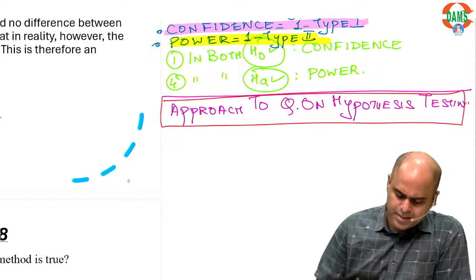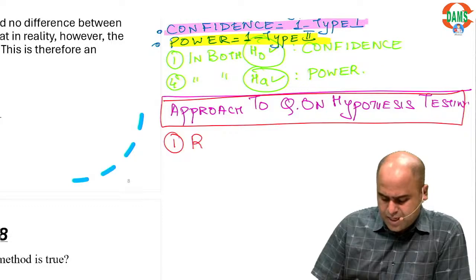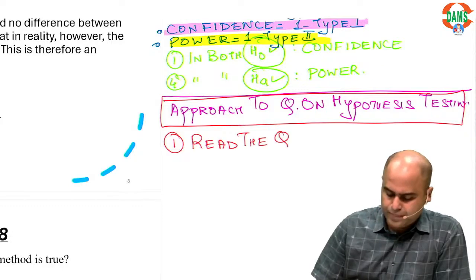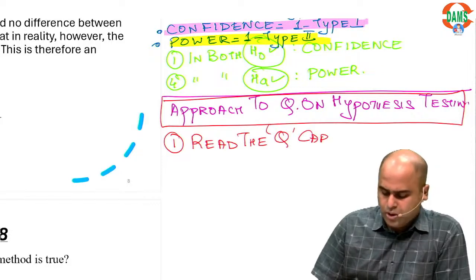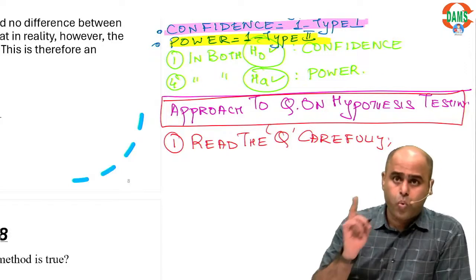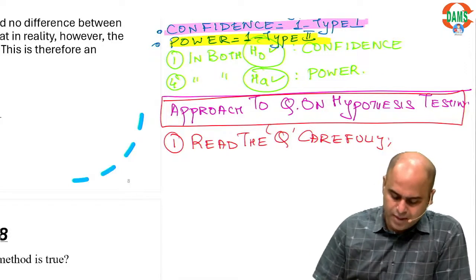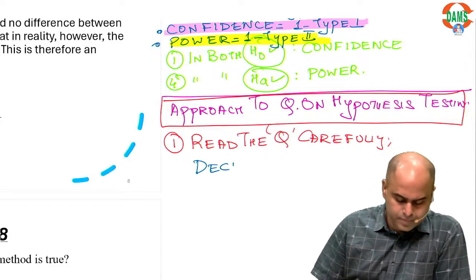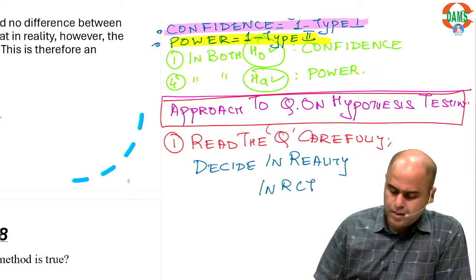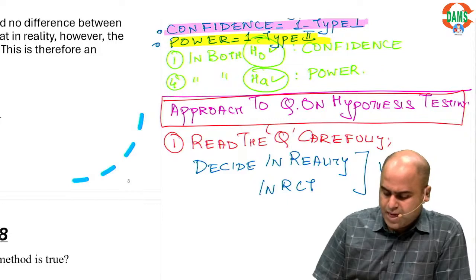Now, in such a scenario, the first step: read the question carefully. If you don't do this, guys, you are dead. Once you have read this, decide in reality and in the RCT which hypothesis is true.